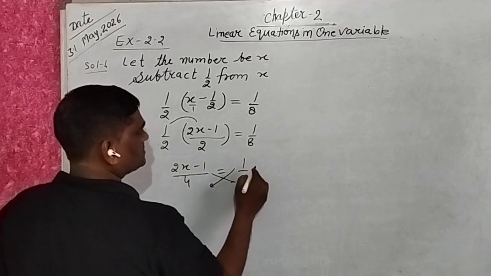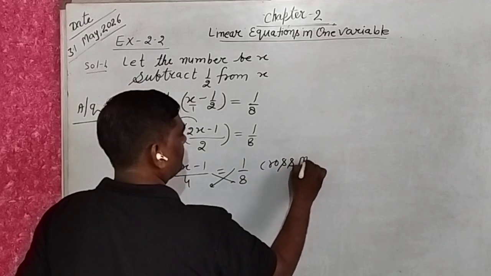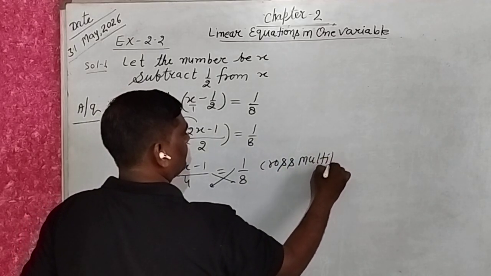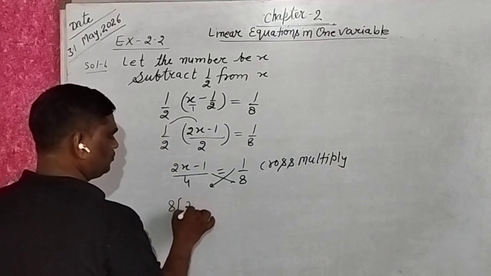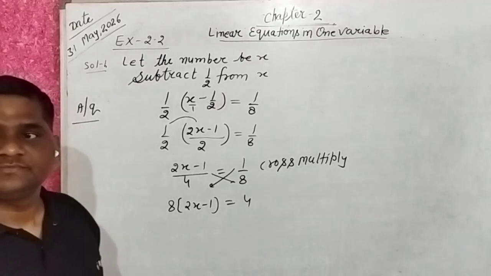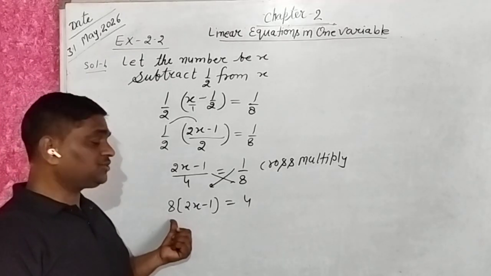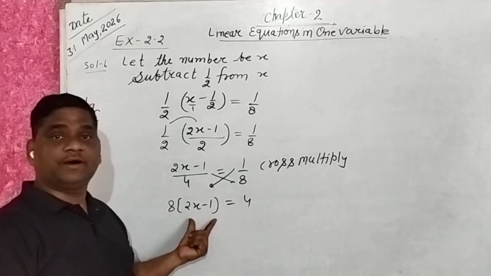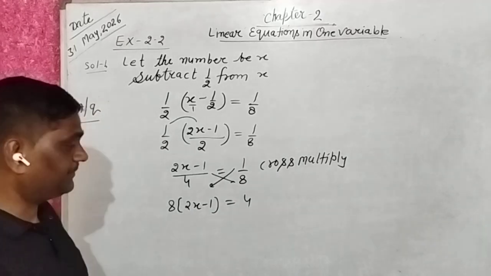When you cross multiply, then you get 8 into 2x minus 1 and 4. You know that a number which is multiplied, if you transpose it, you get division.